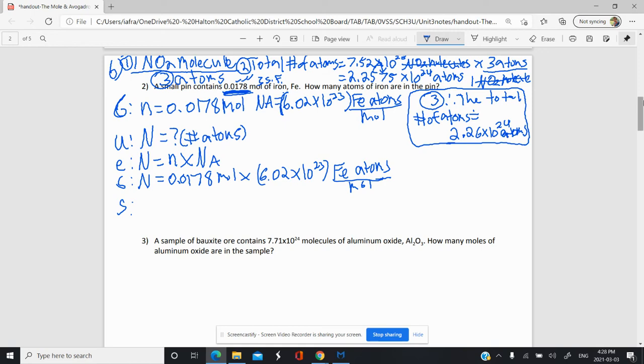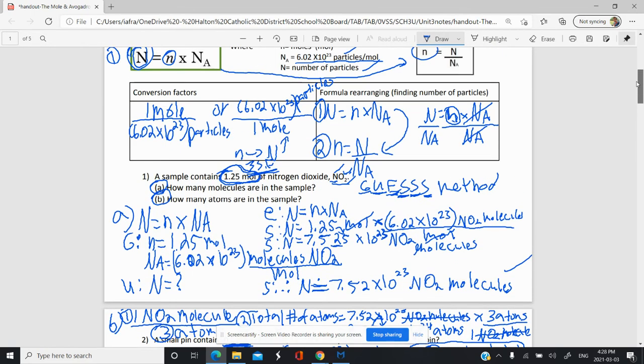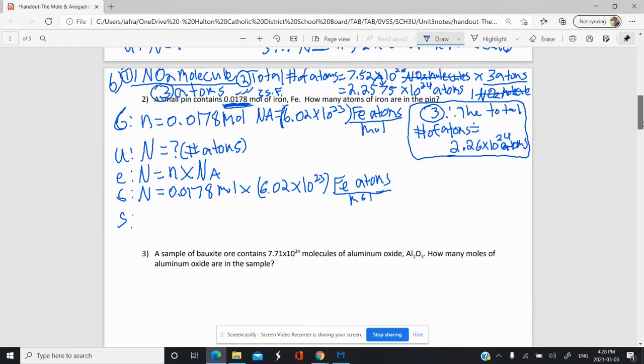And that's the proper conversion factor, right? So the conversion factor here, we're doing moles to particles. So we're doing 6.02 times 10 to the power of 23 over 1 mole. And so we can cross out moles and moles there, and we're left with atoms.